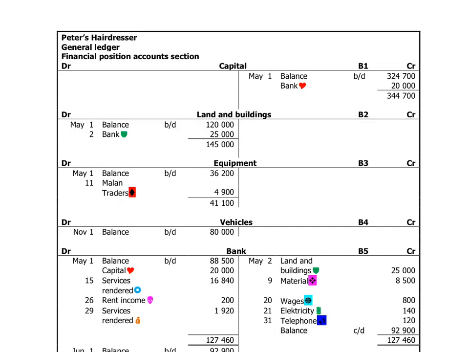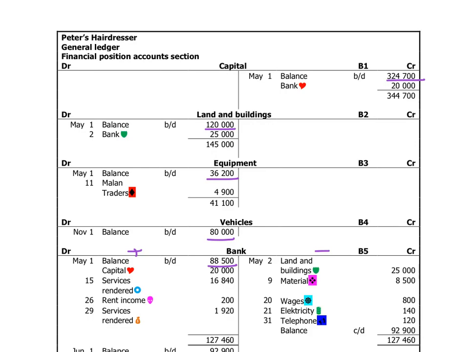The balances that were provided will be entered in the ledger accounts at the beginning of the month, and then we will start recording the other entries. On the 1st, the owner increased the capital. Bank is an asset. Assets increase on the debit side and decrease on the credit side.